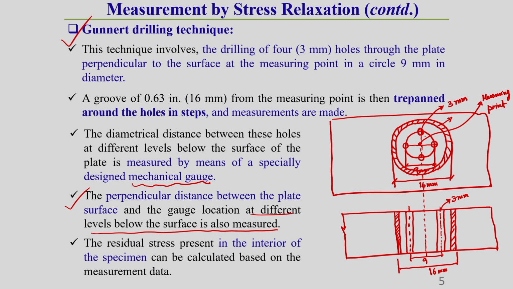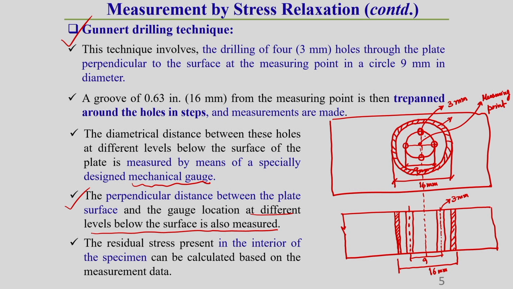The surface must be substantially horizontal, because we have to trepan this specimen, that is why the position of this specimen should be horizontal in nature, and it may be used for plate, cylinder or tube. We can use this not only in plate, but in plate as well as cylinder as well as tube, but actual use is limited because its accuracy level is a little bit less, you can say.